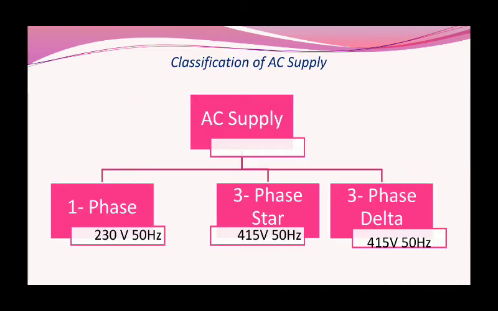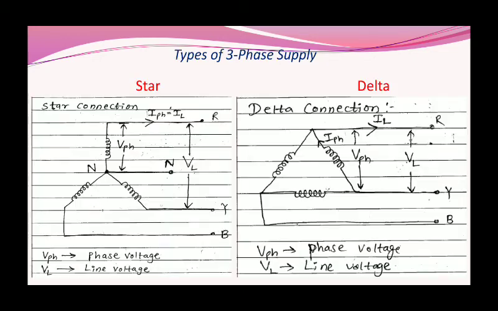As you can see, there are two types, single phase and three phase. There are no subtypes in single phase, but there are two subtypes in three phase, that is three phase star and three phase delta. So this is the three phase star. Why is it named a star? As you can see, this connection looks something like a star, that's why we call it a star connection.